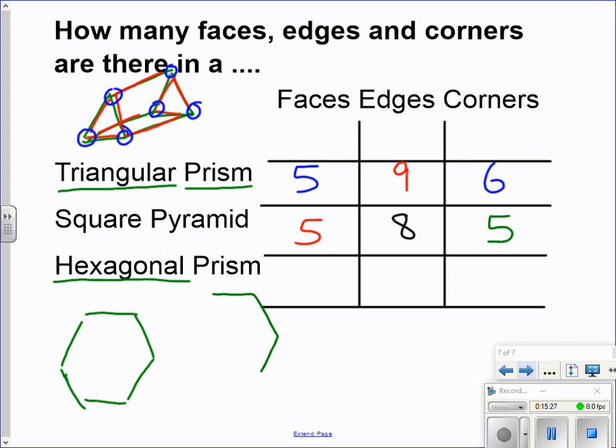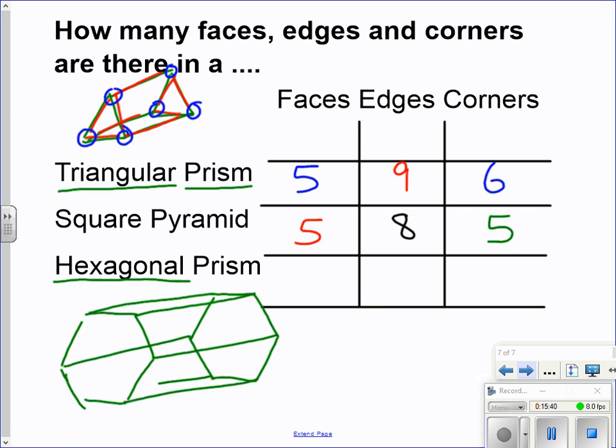The prism, remember, stays the same throughout, so it's going to be a hexagon on the back, hexagon on the front, and join the corners that correspond with each one. Alright, that's kind of an ugly shape, but it is a hexagonal prism. It's a hexagon throughout. It's tough to draw, but you can do it.